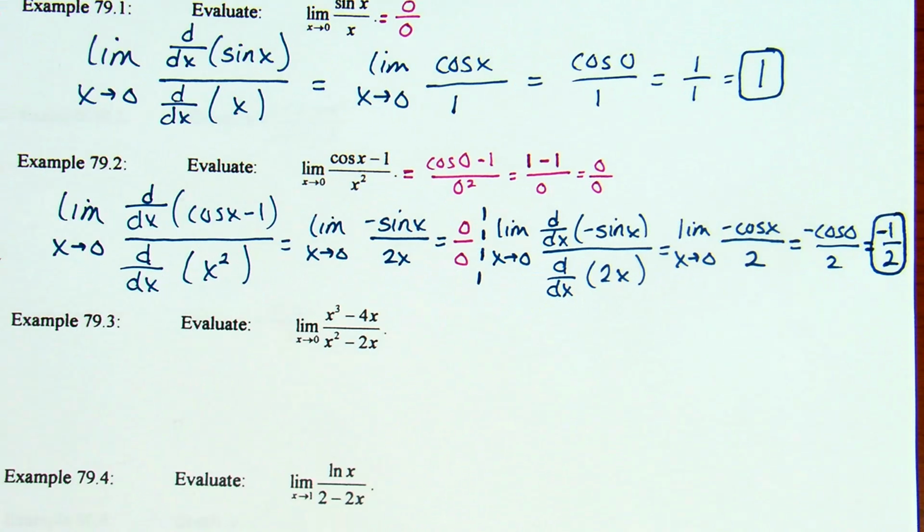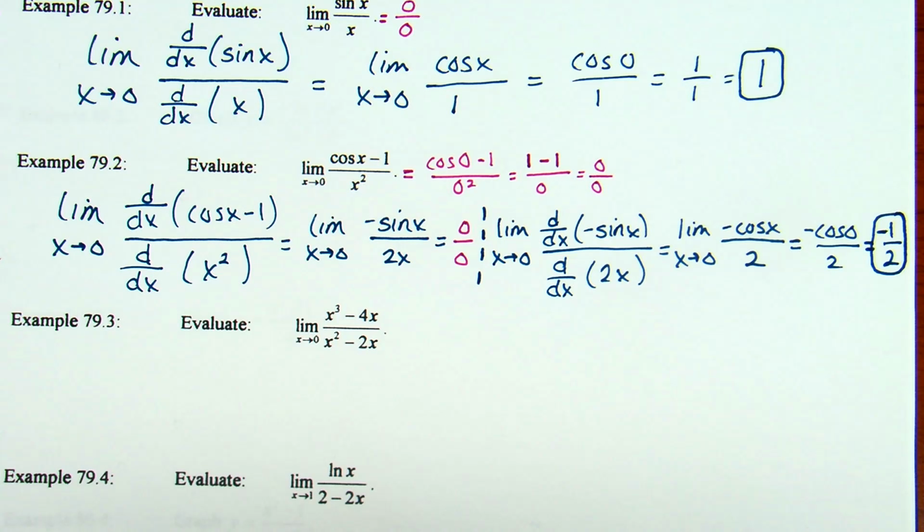Limit as x approaches 0, x cubed minus 4x over x squared minus 2x. What are your thoughts? Okay, still 0 over 0, yes?